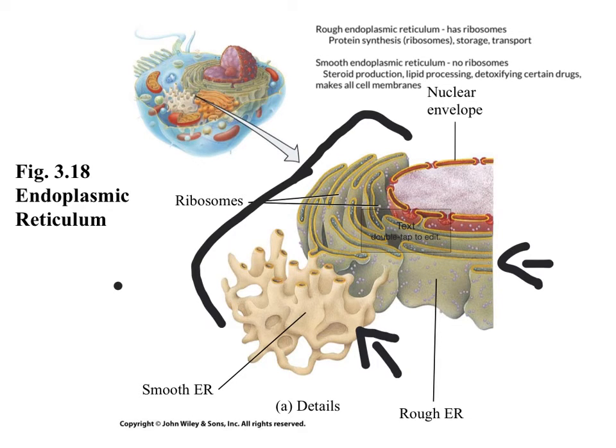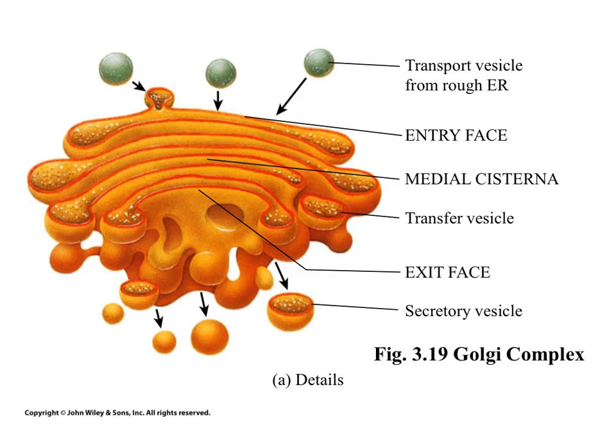They release these different proteins into the extracellular fluid, and we'll talk about how those different proteins work as neurotransmitters. And so it's really important that neurons have a lot of rough endoplasmic reticulum. So we'll see a lot of rough endoplasmic reticulum in neurons. A good example of a cell that has a lot of smooth endoplasmic reticulum would be the liver. Liver cells have a lot of smooth endoplasmic reticulum because that's where everything goes to be detoxified down there in the smooth ER.